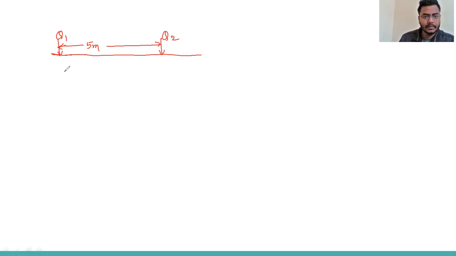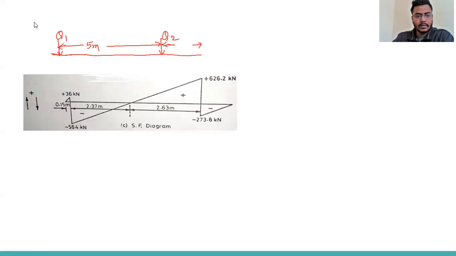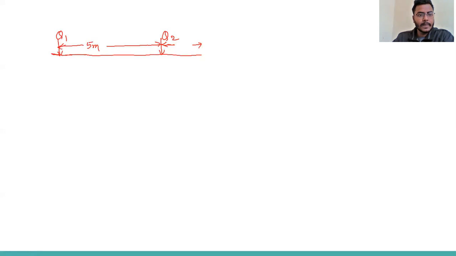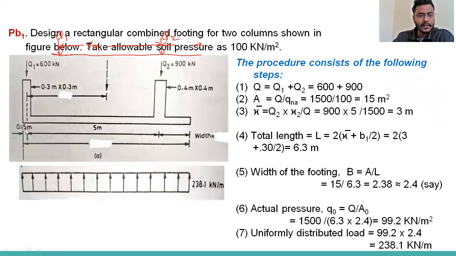And the total length, I am not writing it yet. What will this projection be? Tell me, what will this projection be, so that we can calculate. In the previous section we can see this is 0.15, then 5 meter, and then we can calculate.